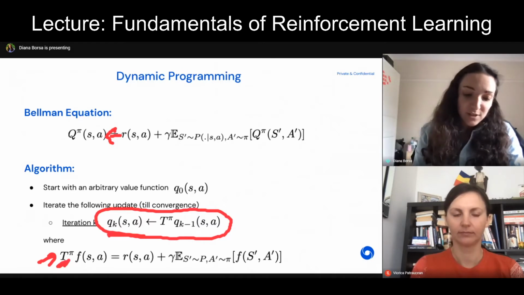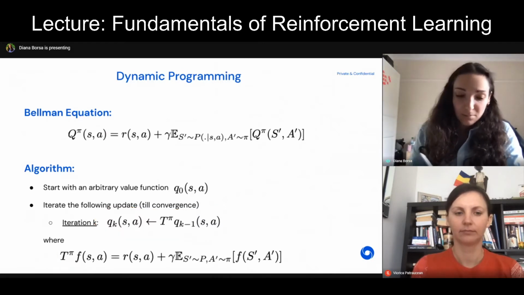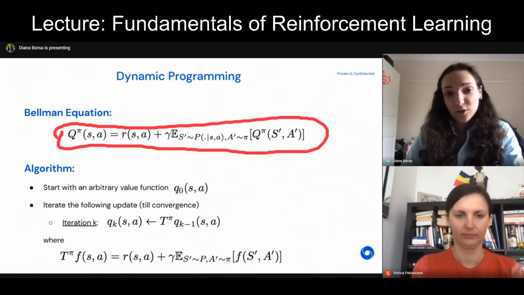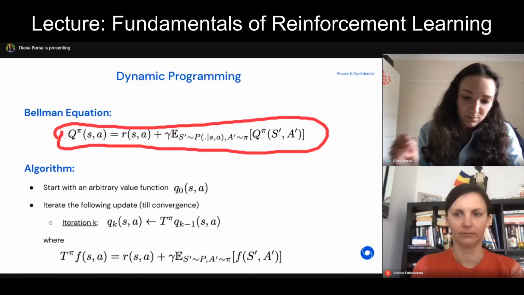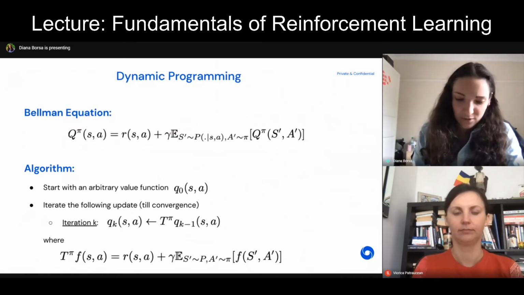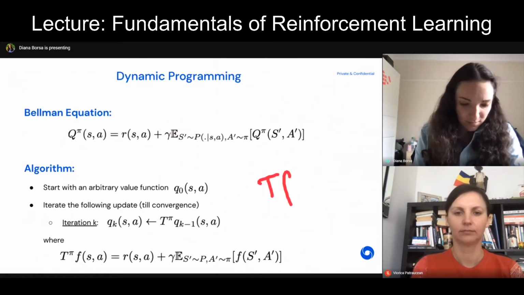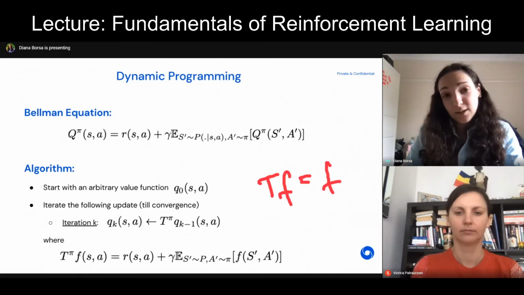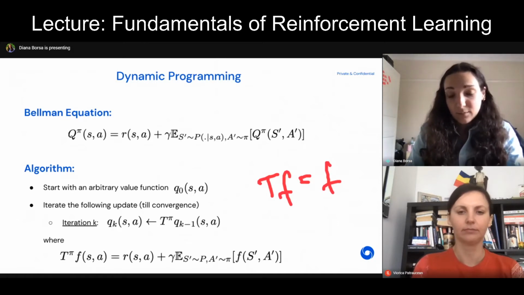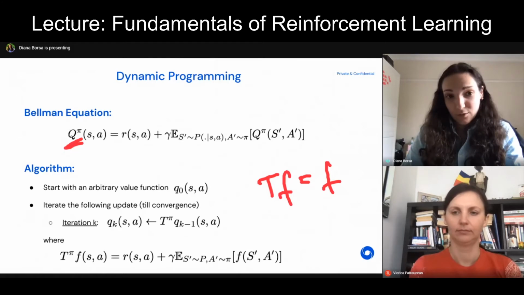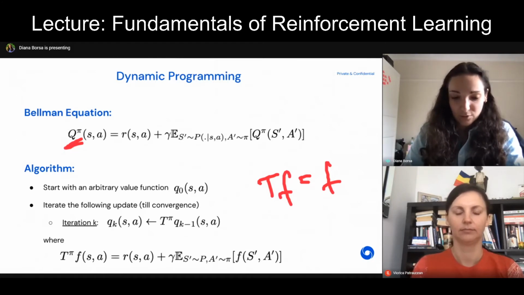The fixed point of this operator, by construction, is the value function that we are looking for. You can easily verify that the equation of the fixed point is something like this, or in operator form, this, and the function that satisfies it is exactly the value function corresponding to the policy that we're trying to evaluate.